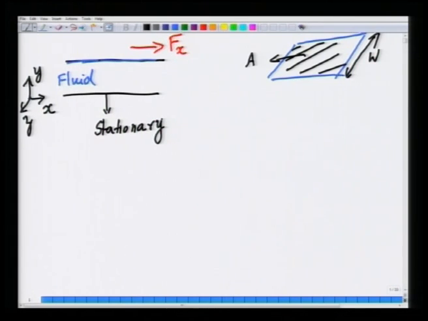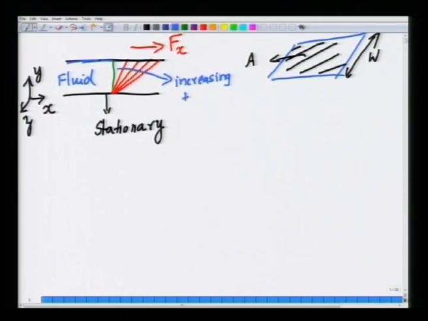Then we said that if you follow a colored line in the fluid which was vertical before the application of force, and you follow the line after the application of force, this line will continue to tilt as a function of time.